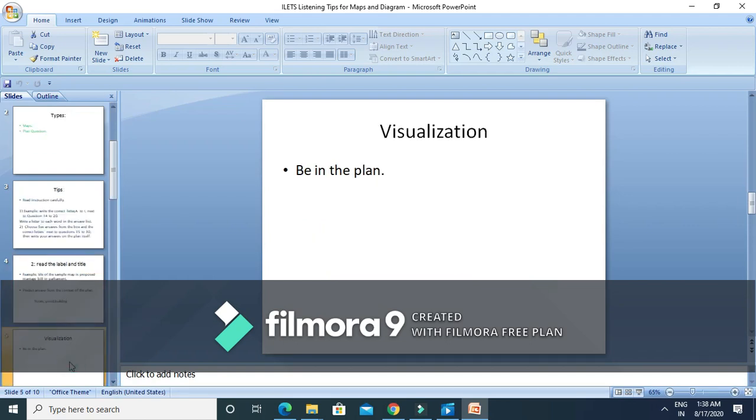Tip number three says visualize yourself. Whenever you are given a plan and you need to identify different locations on the plan, once you start listening to the recording, at that point of time you need to be in the plan.